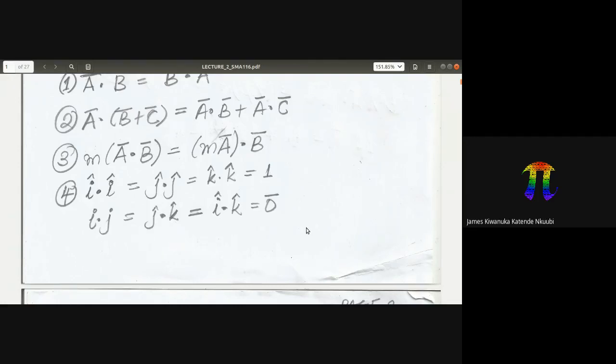These will all give you 0. It's 0 the number, not the vector. So I've made a mistake. There should be no bar up here. This bar should be removed. It's just 0 the number, because the dot product always gives you a number. So this bar 0 is wrong here. It should be the 0 the number.